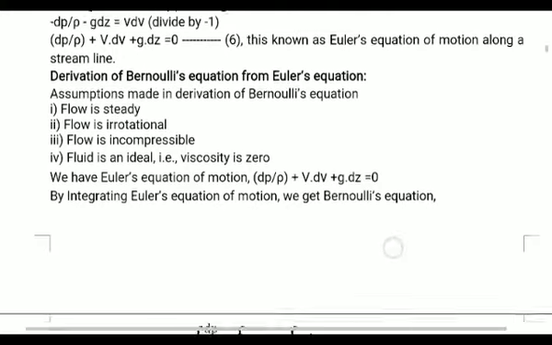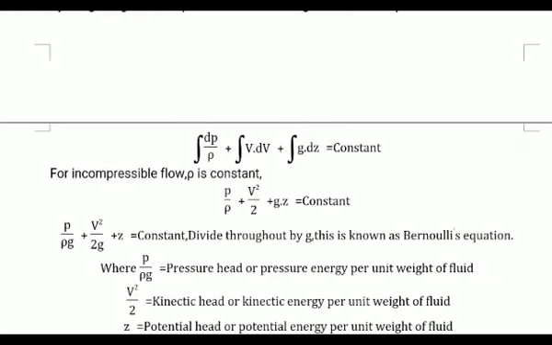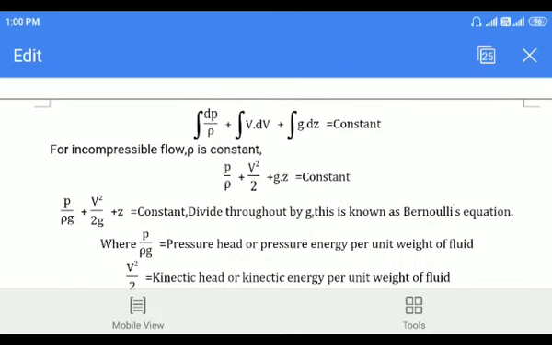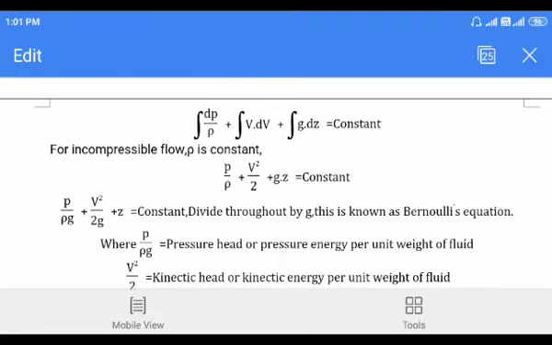Now integrating this equation, that is integral of dp over rho plus integral of v into dv plus integral of g into dz is equal to constant. Integration of dp is p, and for incompressible flow rho is a constant, therefore after integration we will get p over rho.